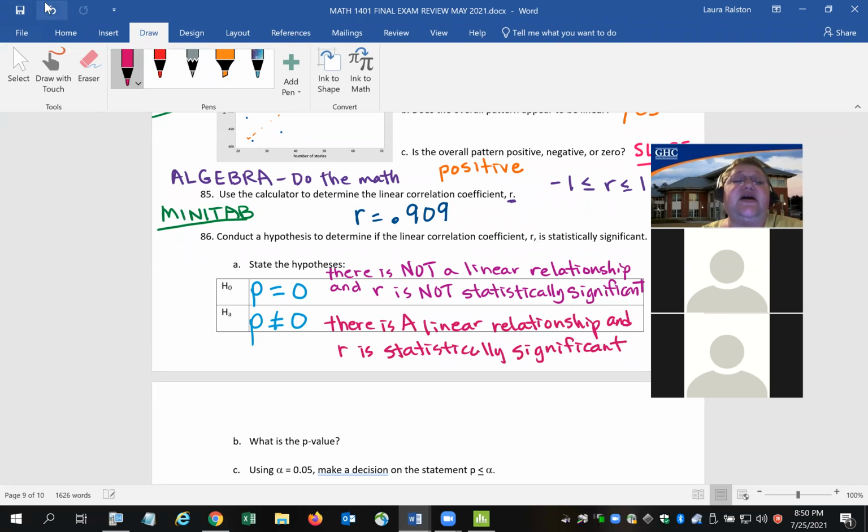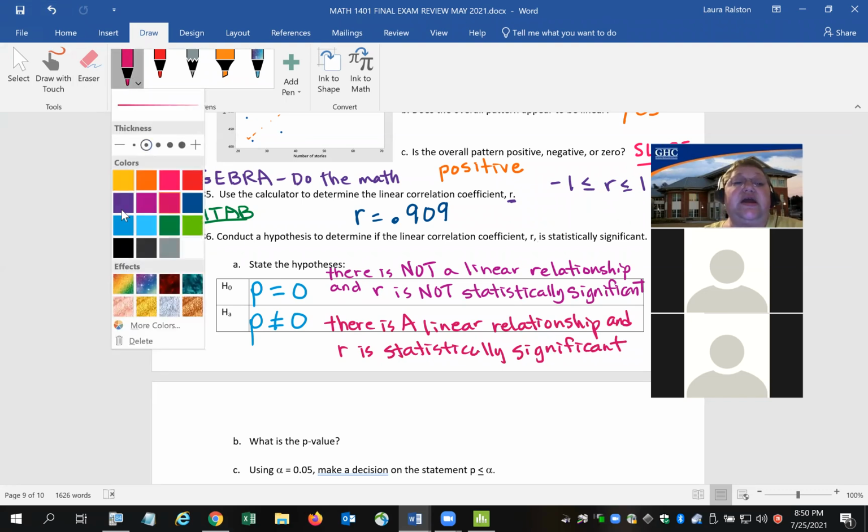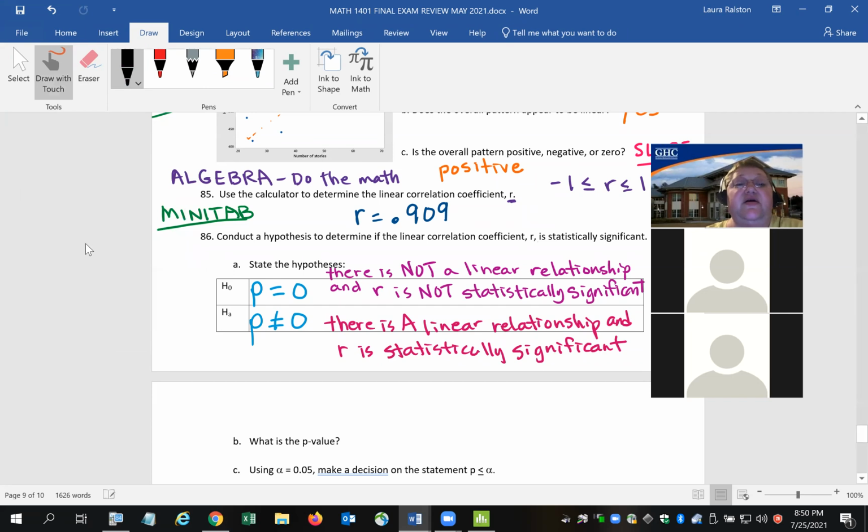But in terms of how the question's worded on the final, when you're asked to state the hypothesis in this context, this is the notation you want to look for. Okay, so I'm going to pause there for just a minute.